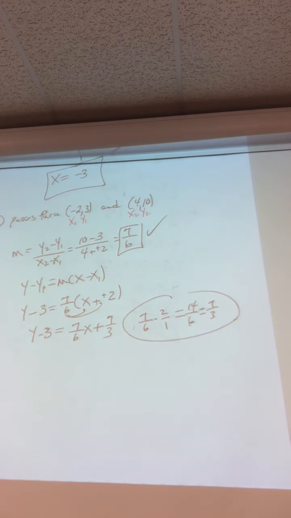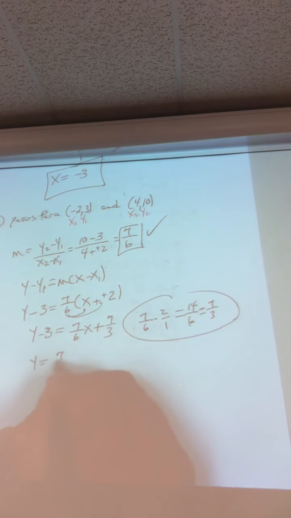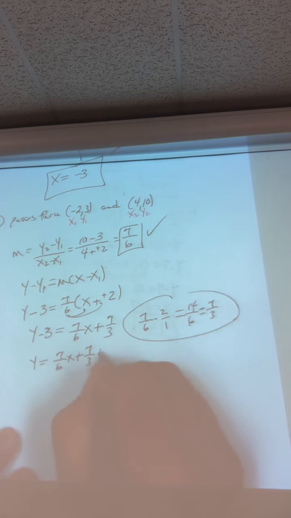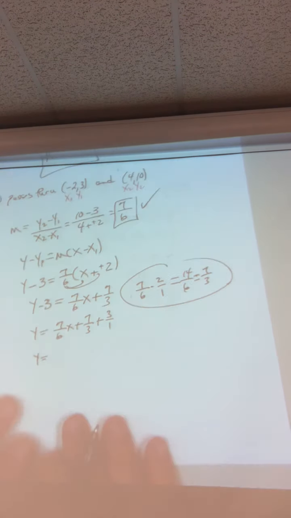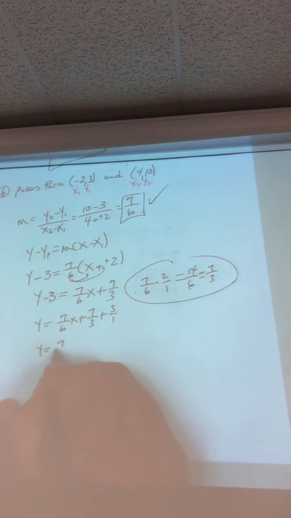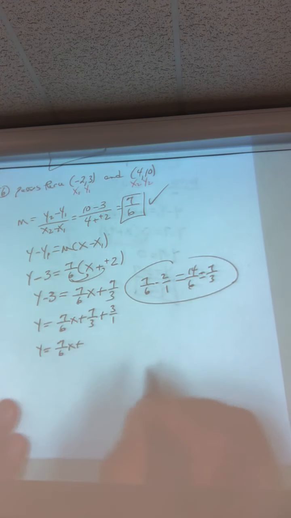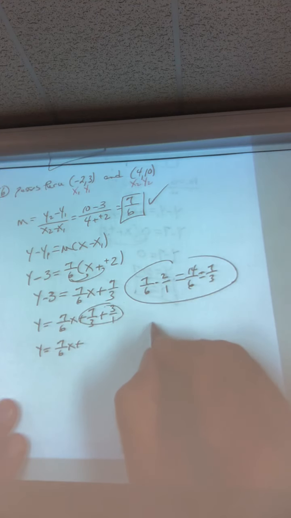Okay, now add 3 to both sides, so I get y equals 7 over 6x plus 7 over 3 plus 3, and I'm going to write this 3 over 1. Now, let me come to the side over here. 7 over 3 plus 3 over 1.